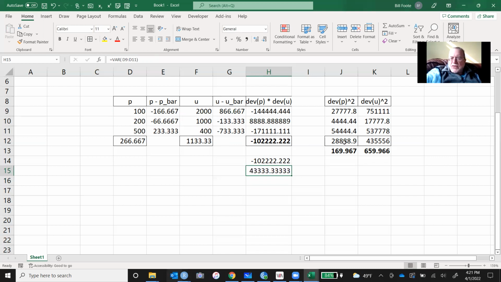That variance should have given me this number, so divided by 3. It doesn't. Why is that? It gives me something close to this.